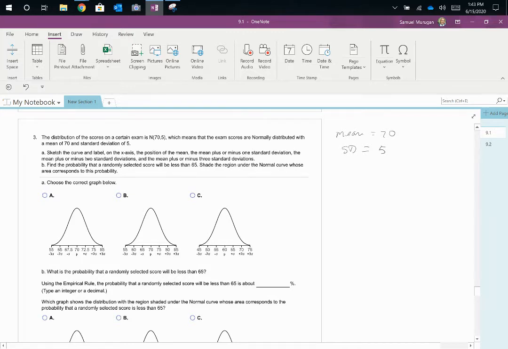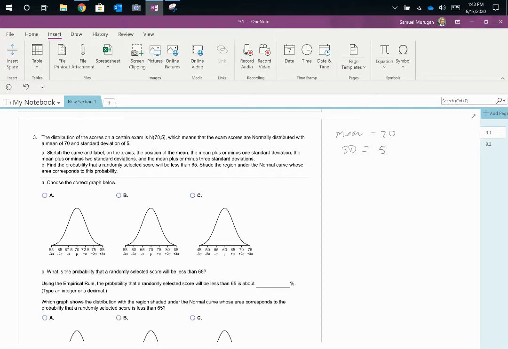Sketch the curve and label on the x-axis the position of the mean plus or minus 1 standard deviation, 2 standard deviations, and 3 standard deviations.